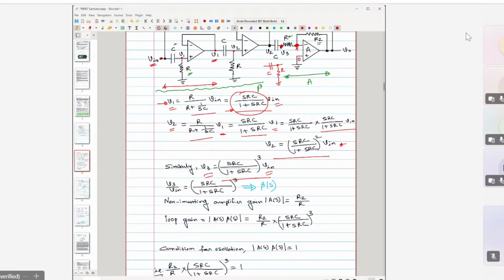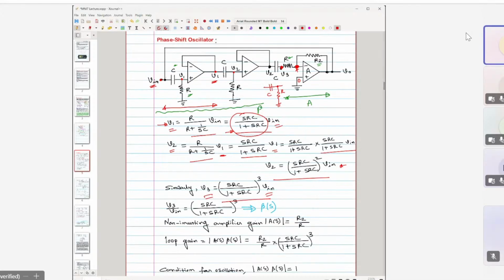Now, what is this actually? If we know this V in and if we know V3, and if we find V3 by V in, what is this V3 by V in? V3 by V in is nothing but the transfer function of the frequency selective network. What is the frequency selective network?